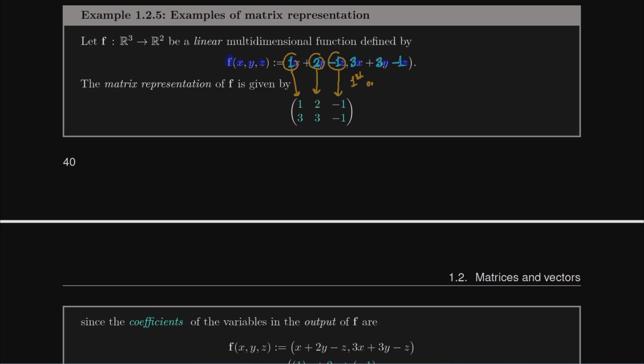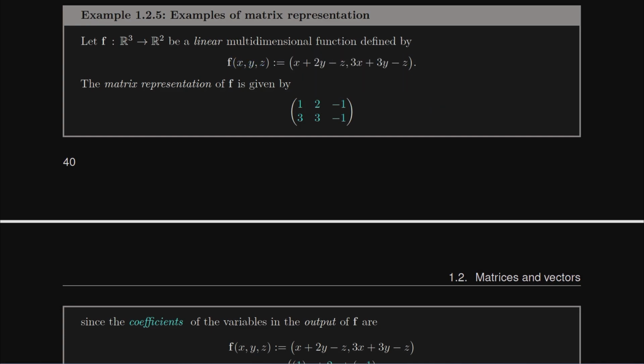So I'll say first output goes to first row. And what do you suppose I'll do with the second output? The second output will go to the second row. The coefficients of the second output to the second row.